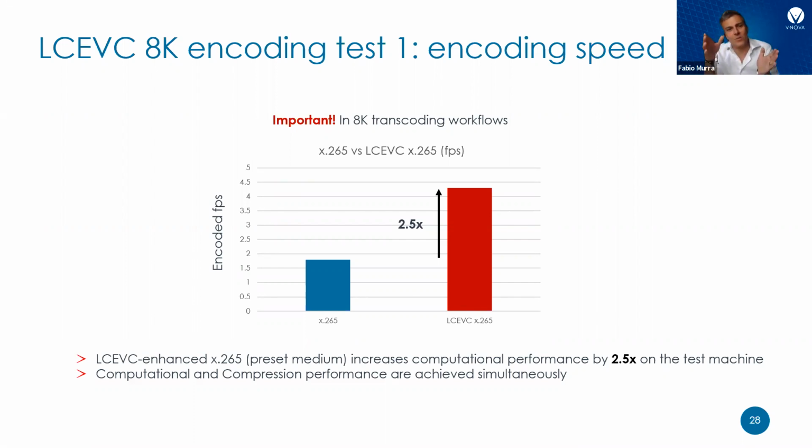And the tools of LCEVC are very light, very few in number, but also designed to target the architectures that are available in compute today. So it's very amenable to parallelization, and therefore GPU implementation or SIMD code for CPUs.